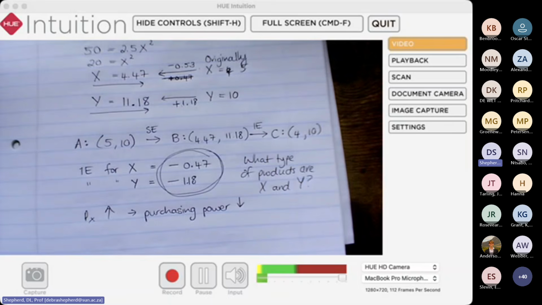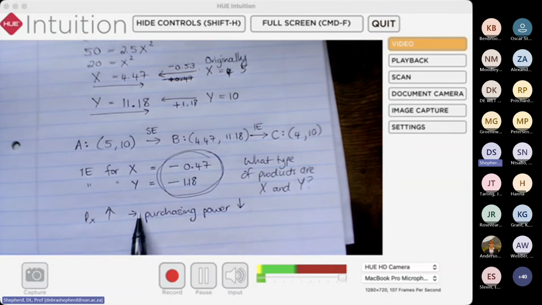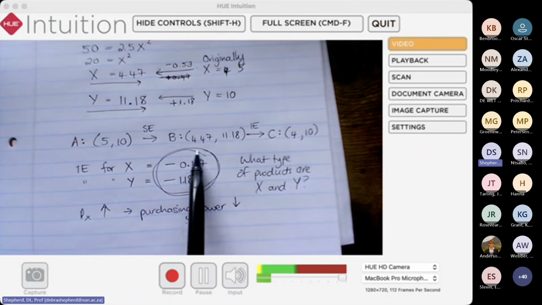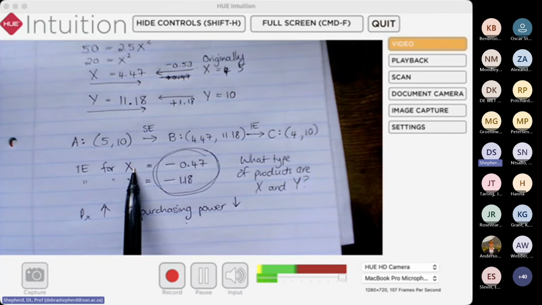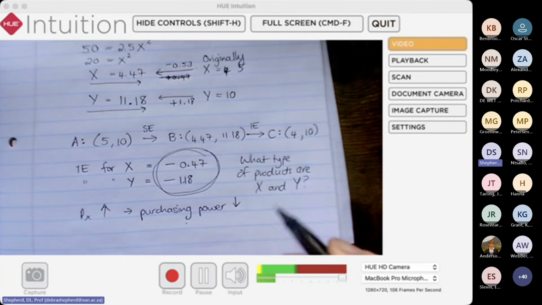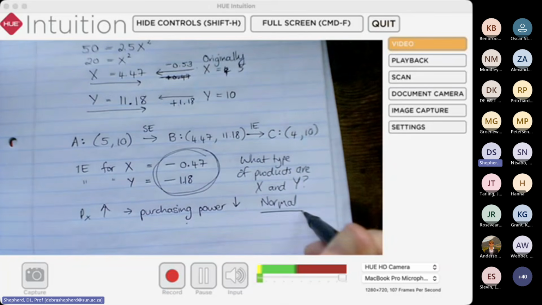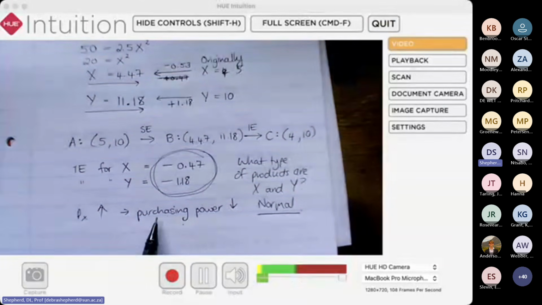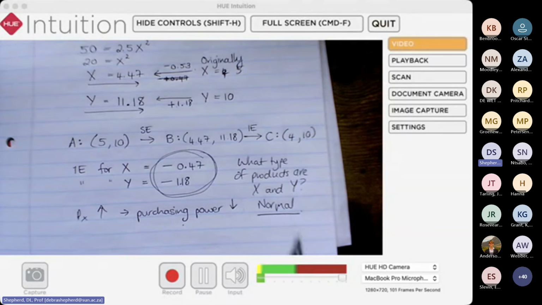So this individual has fewer consumption possibilities after the price increase in X. The fact that their purchasing power is less and the income effects are negative for both products, X and Y, tells me that these two goods are both normal goods. In response to lower purchasing power, this consumer consumes less of both goods. So that's how we can extract whether or not a product is normal or inferior, by observing the direction of the income effect.